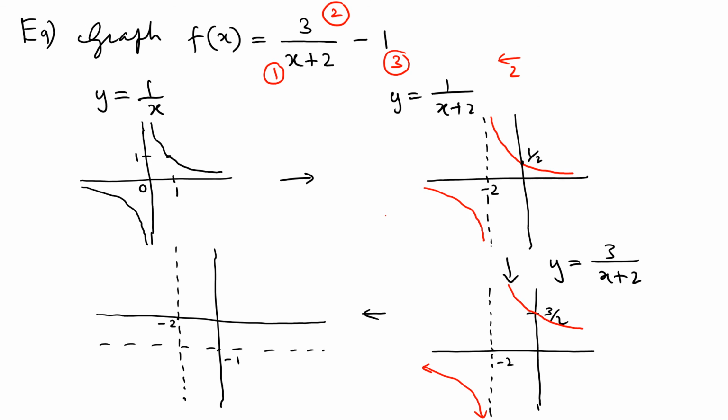If you plug into the function, you can see the y-intercept is 1/2. So the graph passes through 1/2. You finally get the graph like this. We have this, and on the other side we have this. Those are the asymptotes. Okay, so this is the end of the transformation video.